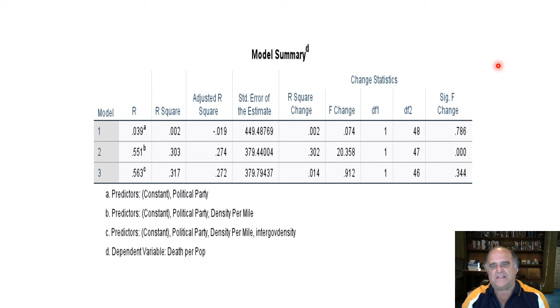So take a look at this model. By now, you should be able to interpret them yourselves. You can see, again, that the first model is not significant. The second one is, the third one is not. So the critical variable seems to be density per mile, and really the political party of the governor doesn't seem to make a difference at all.